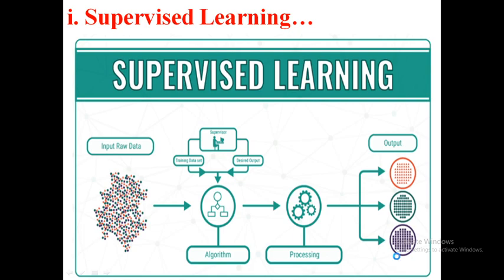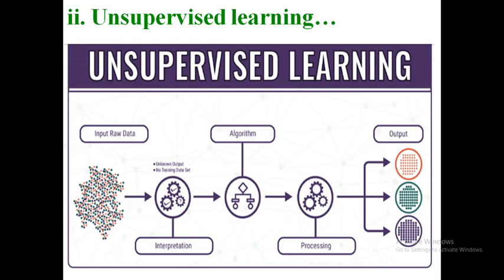That is supervised learning. Coming to unsupervised learning, unsupervised means there is no supervisor at all. We have to verify the output. We have an input, that's it. We don't have any supervisor, any algorithm, or any training data set. It is for us to devise everything. If you observe this, we have raw input data, unknown output, and no training data set.